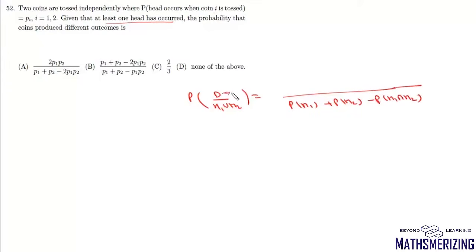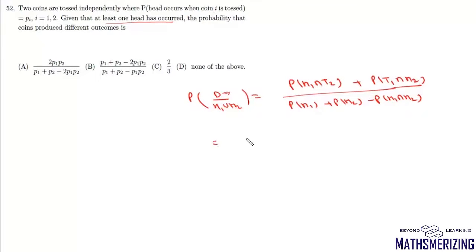Now, what is the probability that the coins produced different outcomes when at least one head has occurred? Either the first is heads and the second is tails, or the first is tails and the second is heads. Now these events are independent.